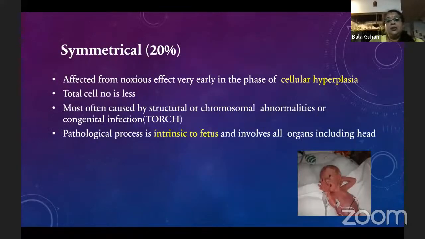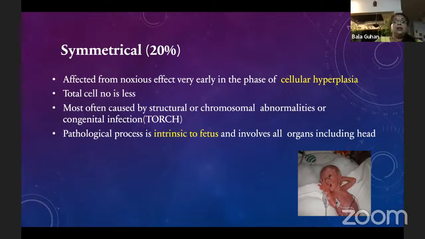Symmetrical is about 20% of the growth restricted cases, and occurs due to noxious effects in the early phase of cellular hyperplasia.